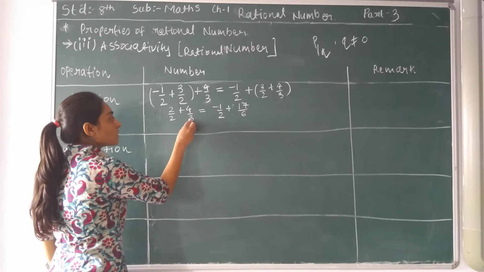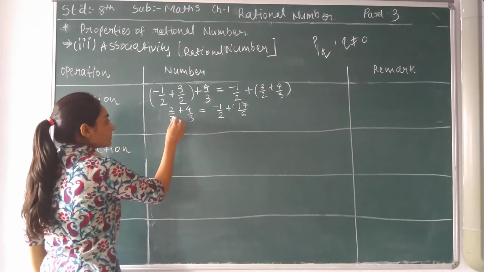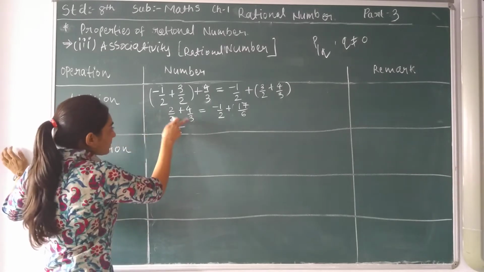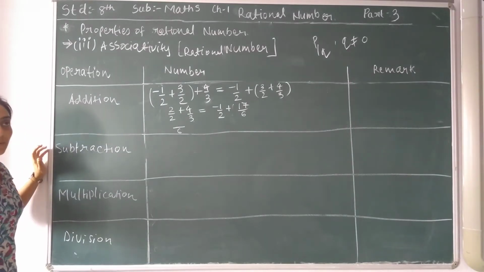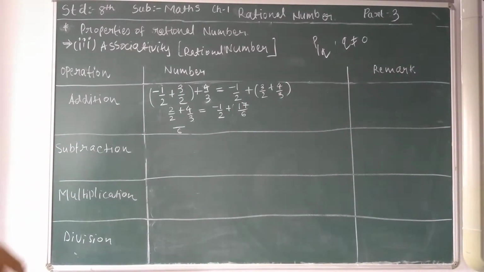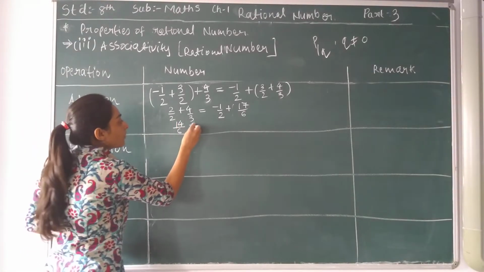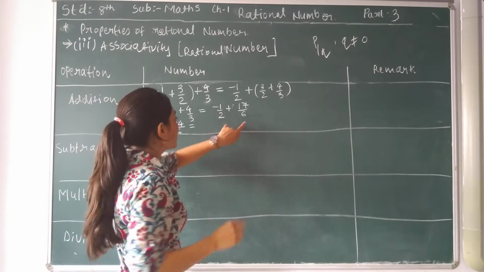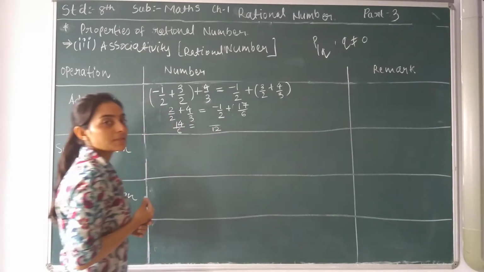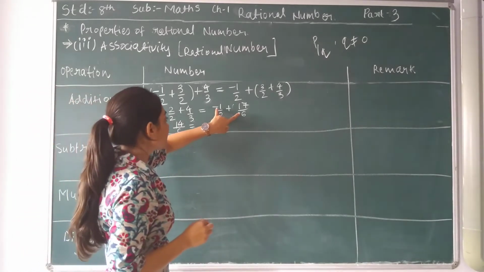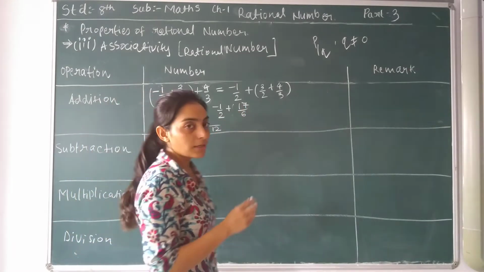Again do the same thing, addition. The denominator is not the same, so taking the LCM, the LCM is 6. So the 6 plus 8, 6 plus 8. So 10 and 14. Now the denominator became 12. LCM is 12. So 17 twos are 34.